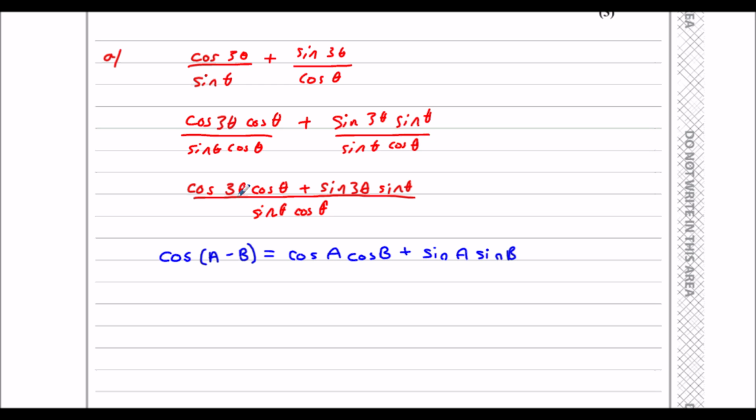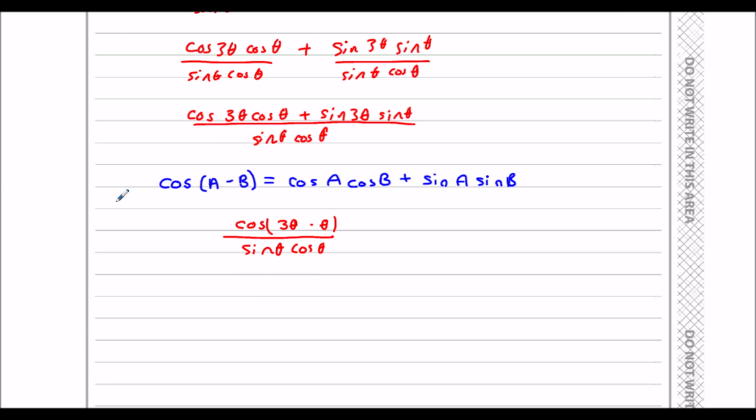So if A is 3 theta and B is theta, it's in this exact format. So we can change it into cos 3 theta minus theta over sine theta cos theta. Cos 3 theta minus theta is actually cos 2 theta. So cos 2 theta over sine theta cos theta.